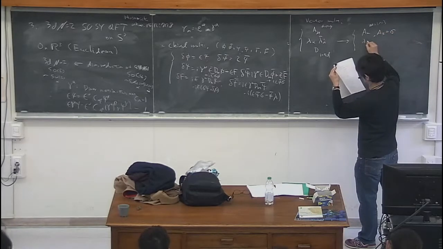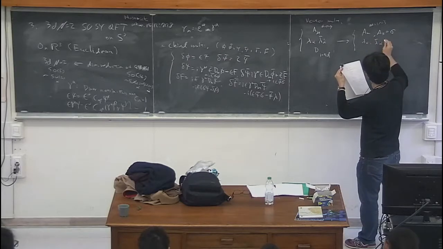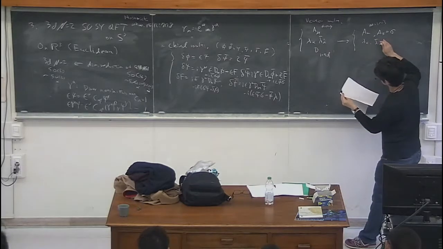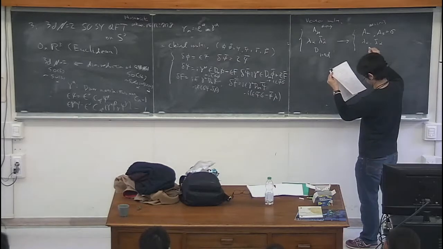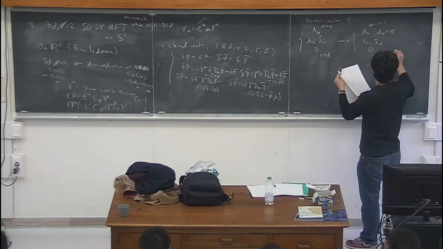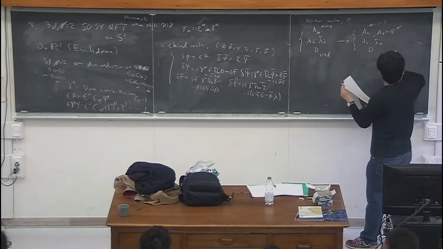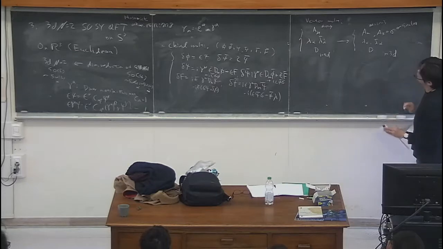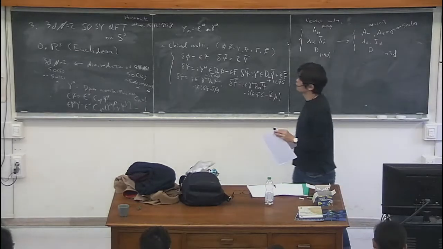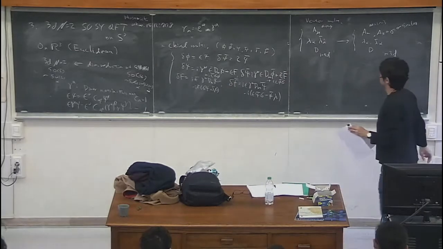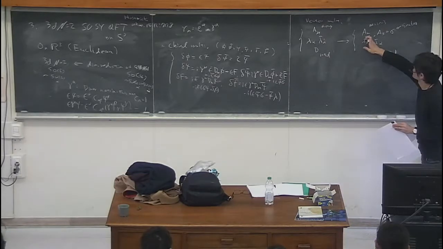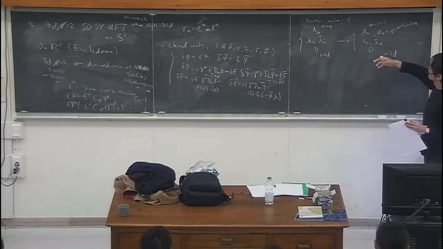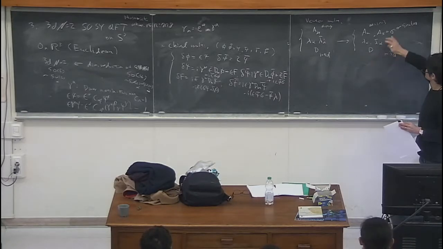And lambda_alpha, there's no dot in 3D, and then D. Here this A_4 is a scalar. So the vector multiplet in the N=2 3D case has a gauge field, plus one auxiliary field, plus two Weyl fermions, plus one scalar. This scalar is a physical field, not auxiliary.